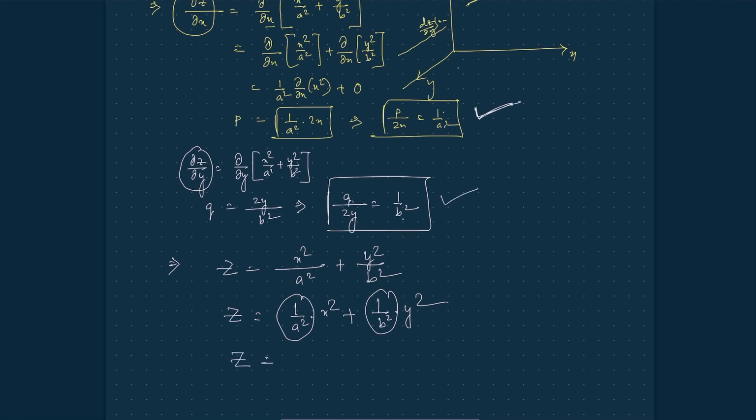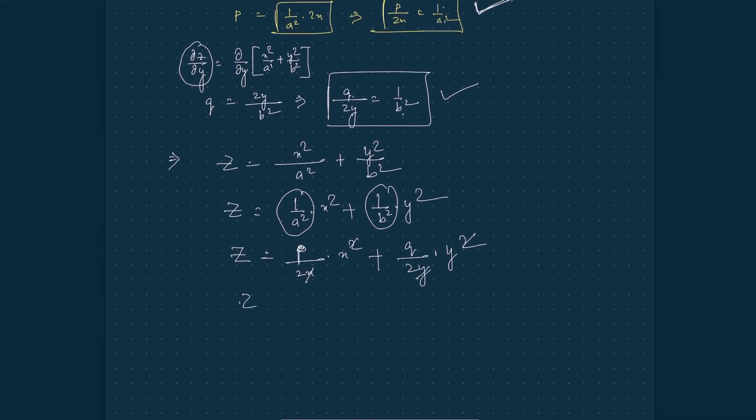So z will be equal to p divided by 2x into x square plus 1 by b square, which is q divided by 2y into y square. So the x cancels and the y cancels. Then the final answer will be z is equal to px plus qy. This is the final answer.